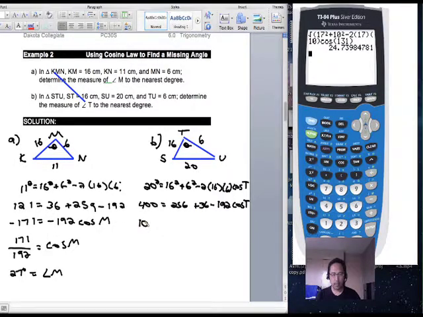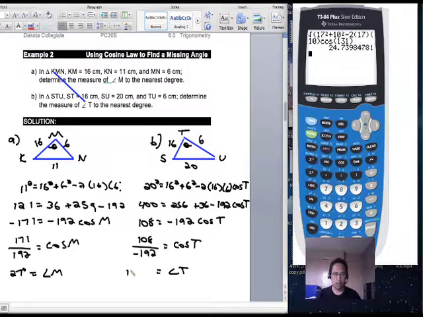Comes out to be 108 is equal to negative 192 cos T. And then we'll divide both sides by negative 192 and then find the inverse cos value of that. We're going to include the negative sign when we put this into our calculator. And when we do that, our angle T comes out to be 124 degrees.